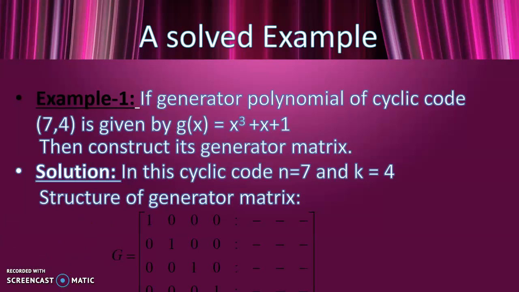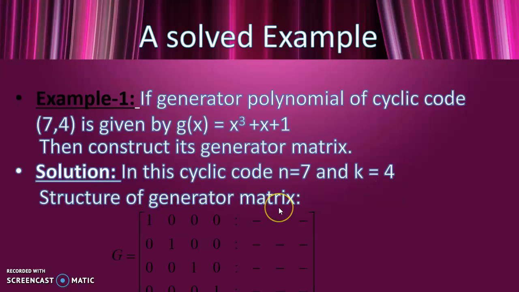Example: if a generator polynomial of the cyclic code (7,4) is given by x cubed plus x plus 1, then construct its generator matrix. In this cyclic code, we know that n equals 7 and k equals 4. This is given to us.